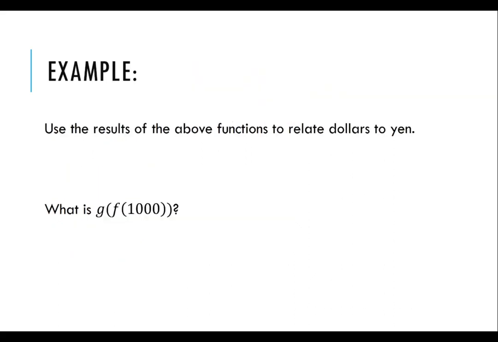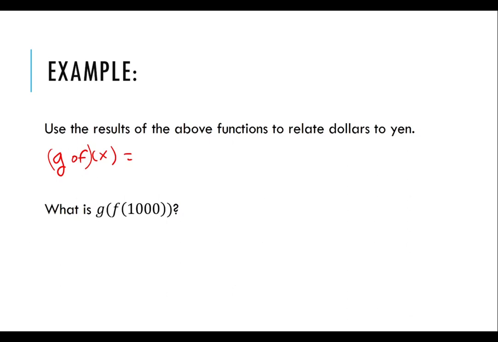So now let's use those functions to relate dollars to yen. Let's figure out what is g of f of x. Specifically, what's about to happen is we take the function that took in dollars and gave us euros. We're going to take that function f, plug it into the function that took in euros and gave out yen.